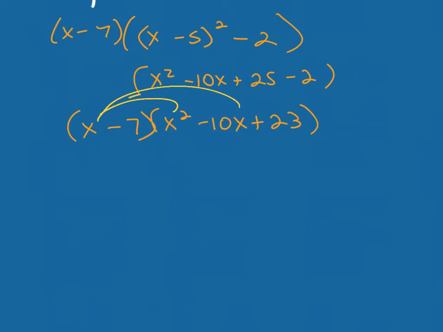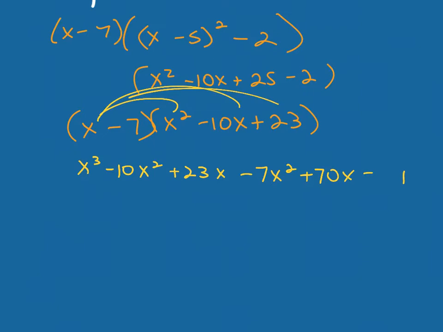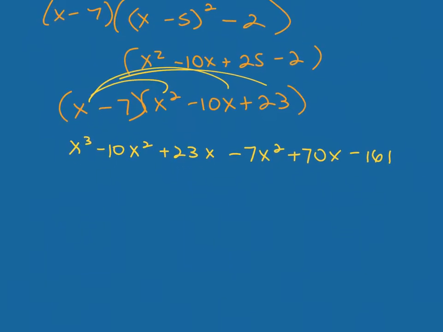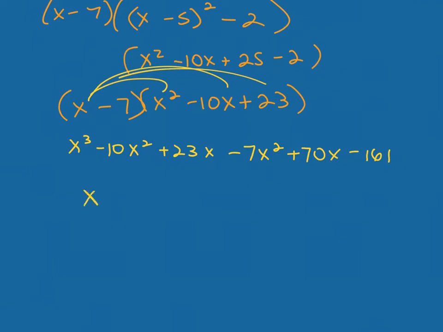So distribute, I get x to the third minus 10x squared plus 23x minus 7x squared plus 70x minus 161. And I get x to the third minus 17x squared plus 93x minus 161.